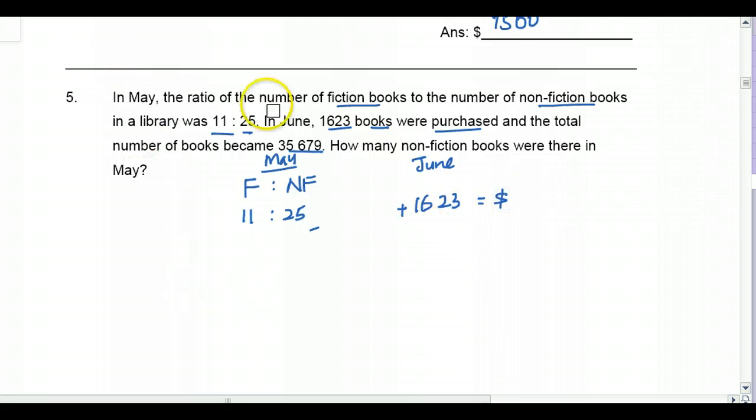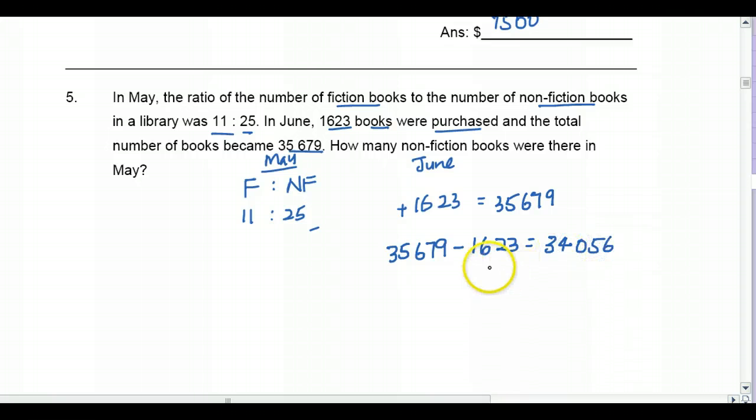I'm so sorry, there's no dollar sign. So my first step is I need to minus off the number of books purchased in June. So I take 35,679 minus 1,623, which will give me 34,056.